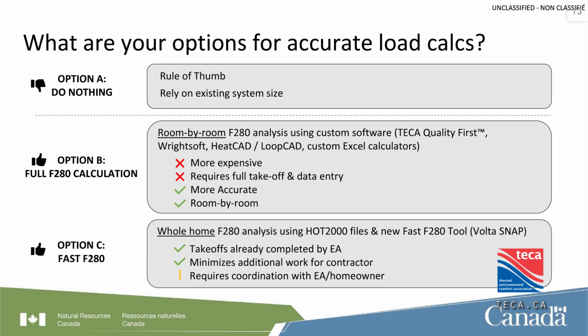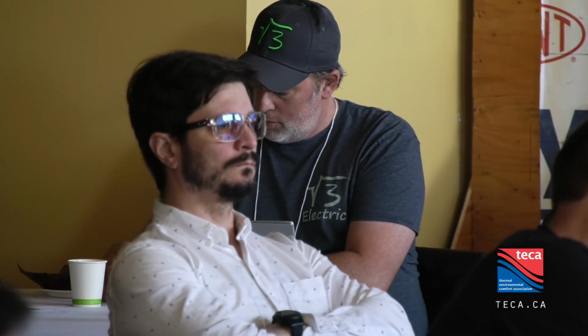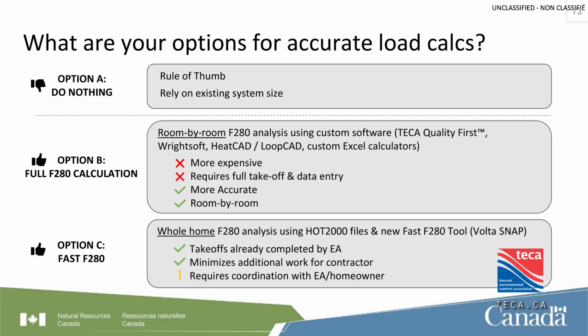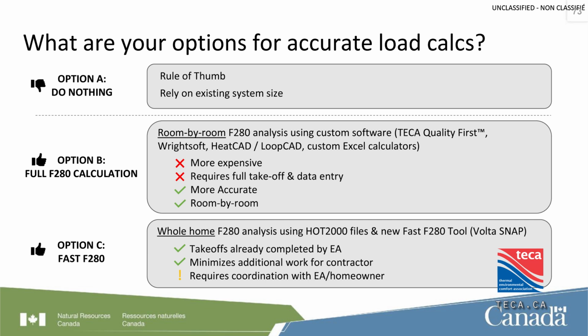That file can be uploaded into the VoltaSnap software, and it actually will give us a compliant F280 heat loss calculation. But very important to remember, this is a full building heat loss calculation, not room by room, and there's a huge difference there. Okay, even for some jurisdictions, they may or may not require the room by room.